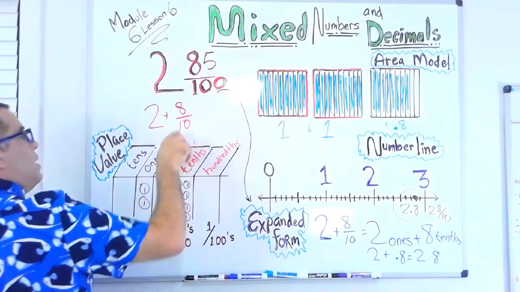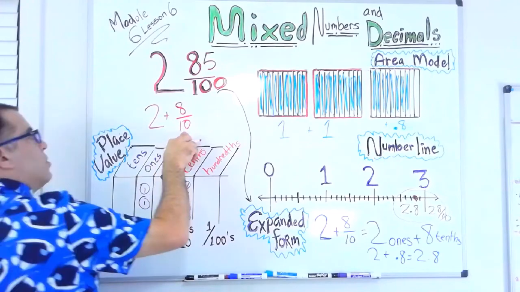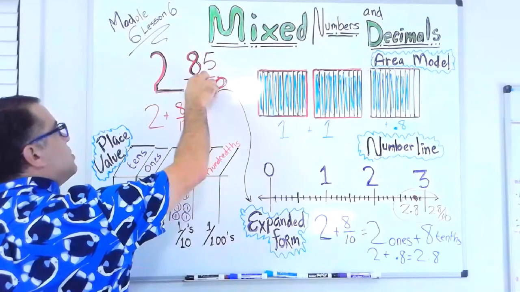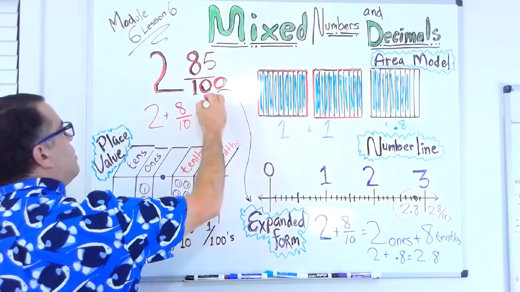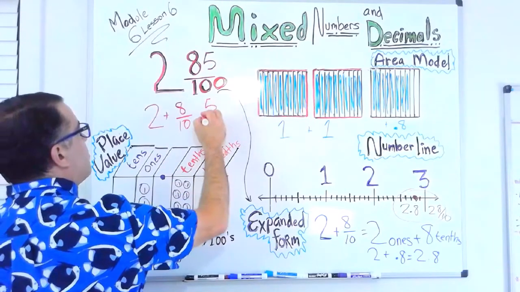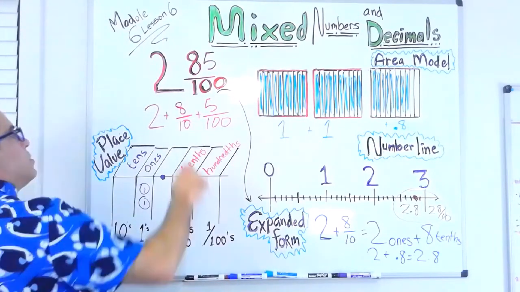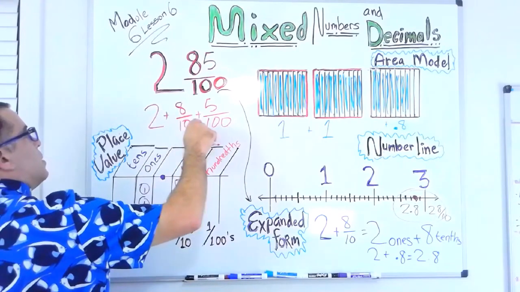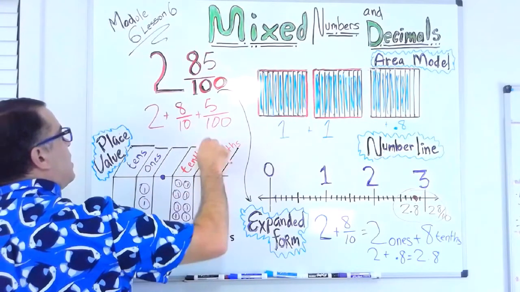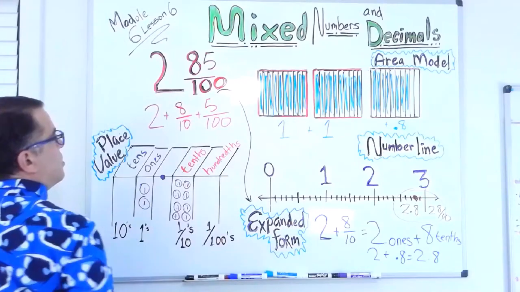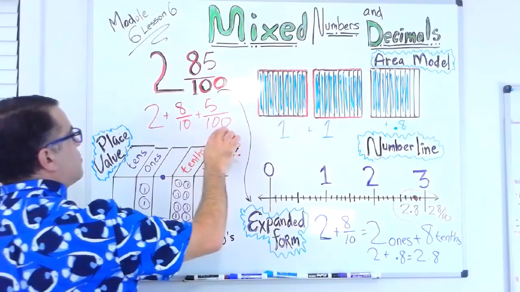Now the 8/10, of course, is representing the 8 here, and then we have 5 hundredths. Okay, so 8 plus the 5 is 85 hundredths altogether. So 8/10 plus 5 hundredths.